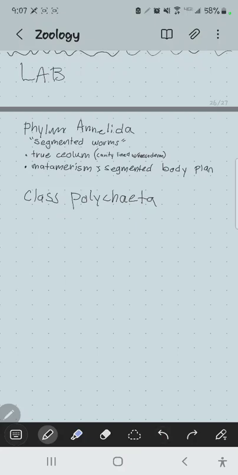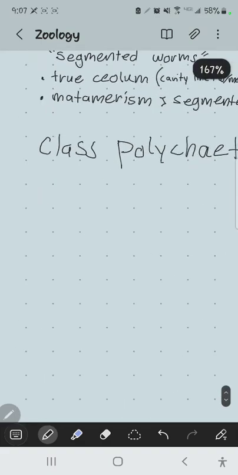Okay, so metamerism. What metamerism means is you have repeated segments based on the same design. We kind of saw this with the tapeworm, right? The tapeworm had repeated segments, but each segment in the tapeworm was like a repeated worm. The tapeworm was kind of like a Pez dispenser, right?